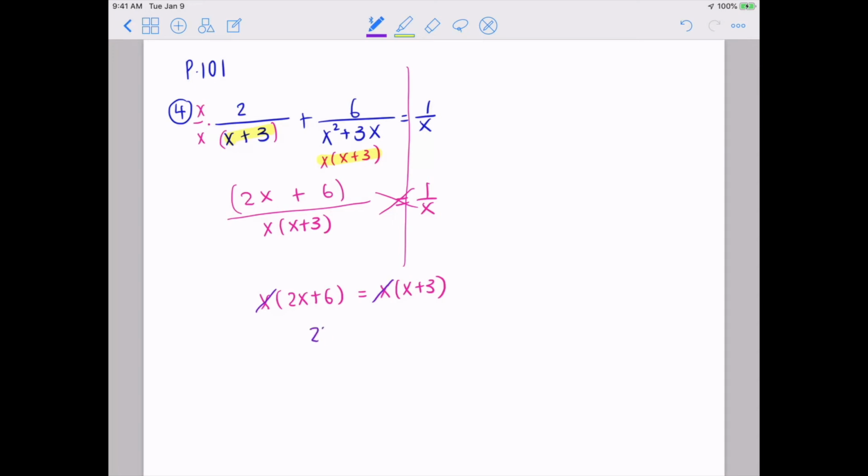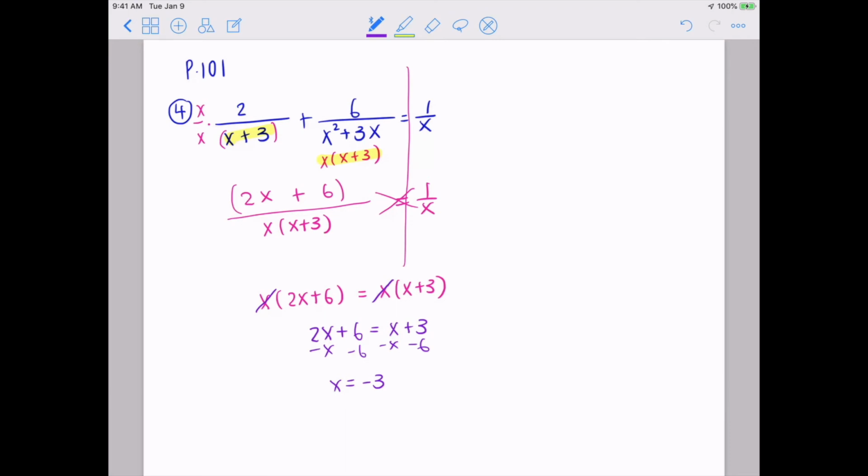So we're left with 2x plus 6 equals x plus 3. And subtract your number, you should get x equals -3.